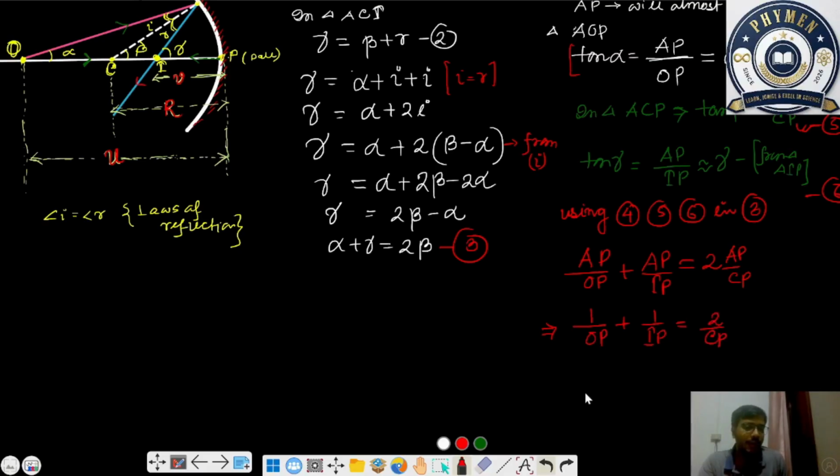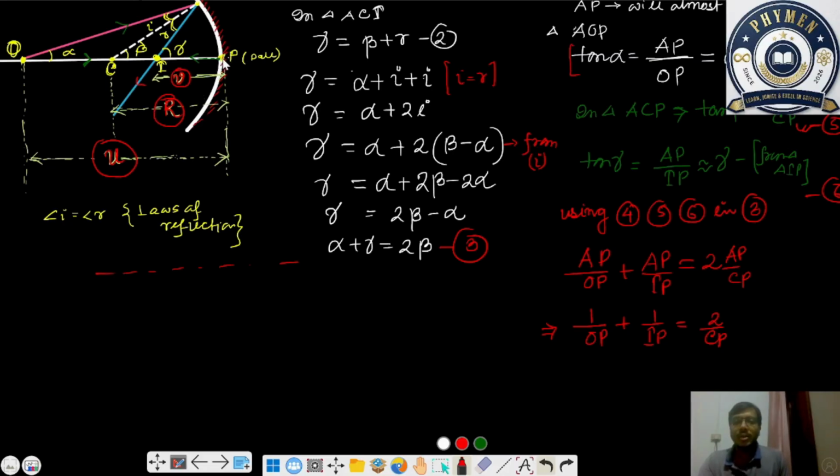Now, if we look at this particular diagram, OP is your object distance, that is U. Then IP is your image distance, that is V, and CP is your radius of curvature, that is R. So we put these using the sign convention. In the sign convention, all measurements in the direction of the incident ray are taken as positive. All distances are measured from the pole only.